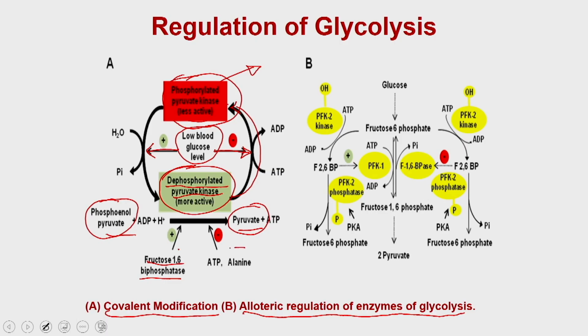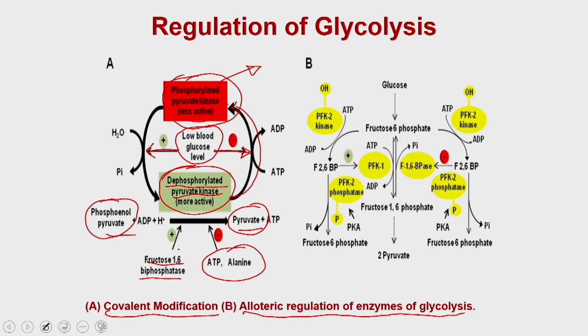Whereas if there is a sufficient quantity of ATP or alanine present inside the cell, it is negatively regulated, which means if you have enough ATP in the cell, it inhibits these reactions and blocks the conversion of phosphoenolpyruvate to pyruvate. If you have sufficient energy, there is no reason to utilize the glucose present inside the cell through glycolysis.